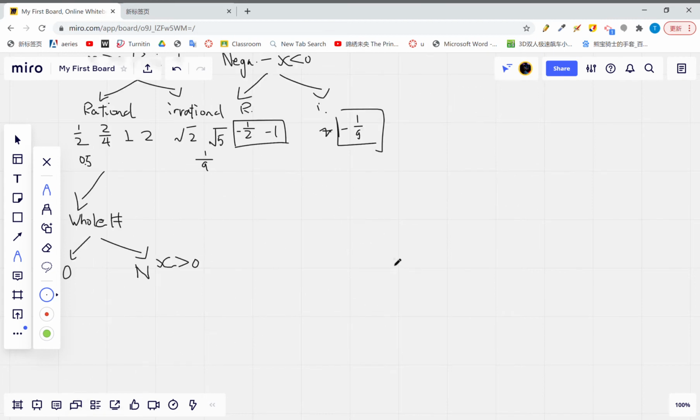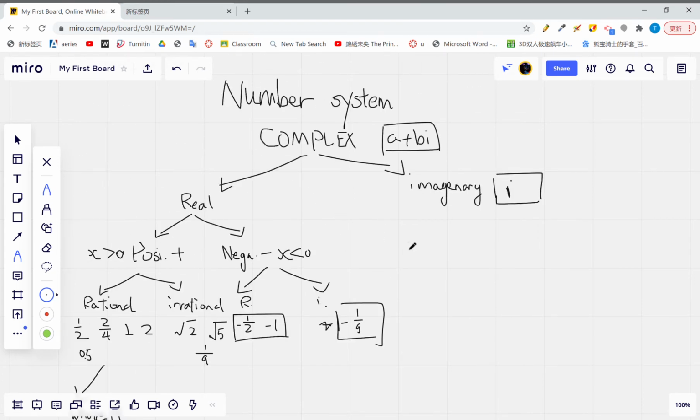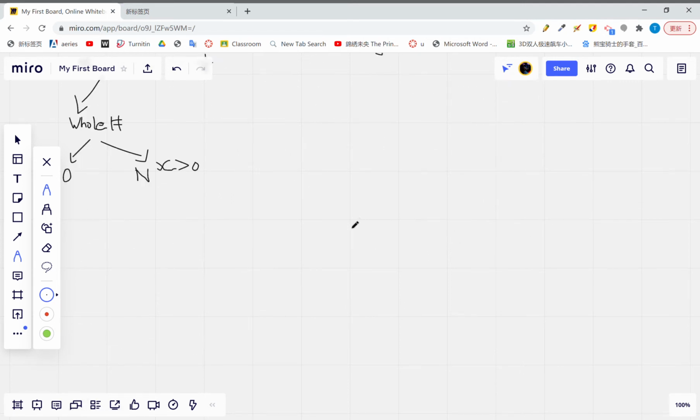Let's start with imaginary number. Imaginary number is i, negative i, 5i, anything like this. It's an imaginary number. So this introduces us to a new plane.